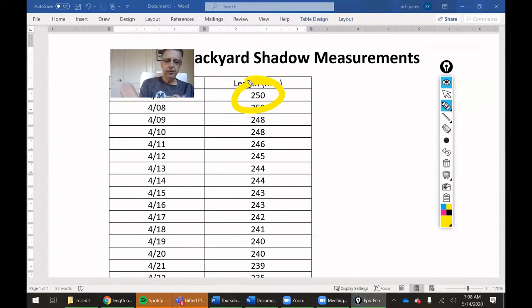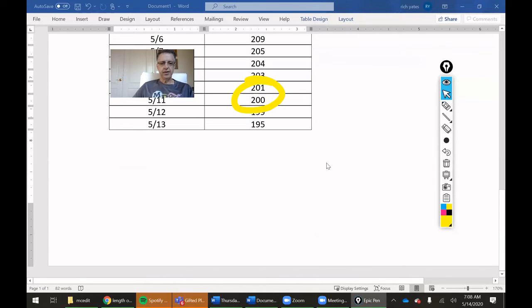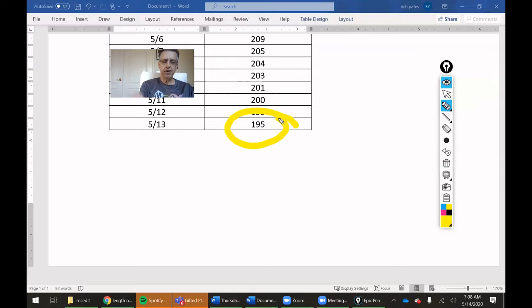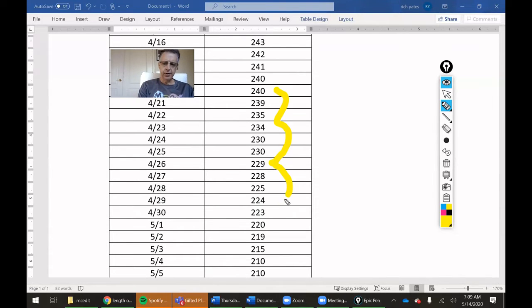I started at 250 millimeters, and when I measured it yesterday, it was down to 195 millimeters. So throughout the entire time I've been measuring, it keeps getting smaller, and smaller and smaller. It keeps getting smaller the whole way through.